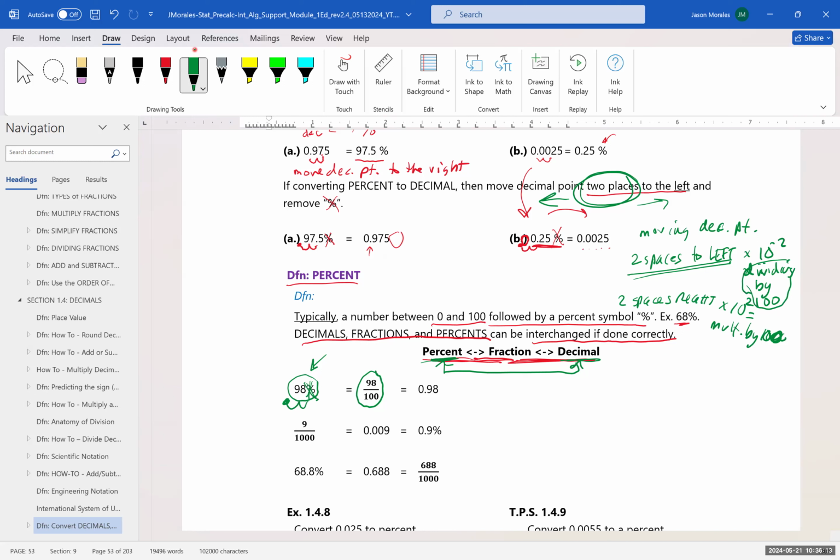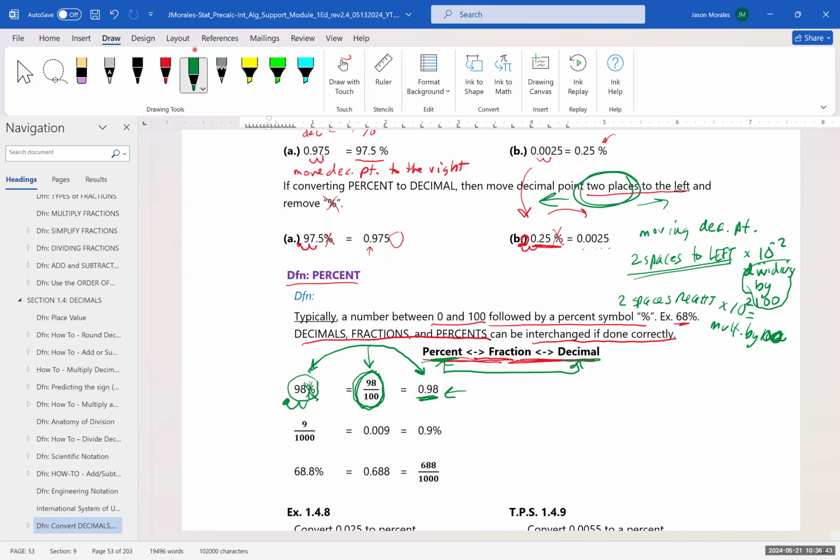So that's how we can convert 98% to be 98 divided by 100. And 98 divided by 100 gives us this decimal equivalent of 0.98. Earlier we leapfrogged straight over to this, but if you didn't want a percent or a fractional decimal, and you wanted a fraction instead, that's how you can do it.